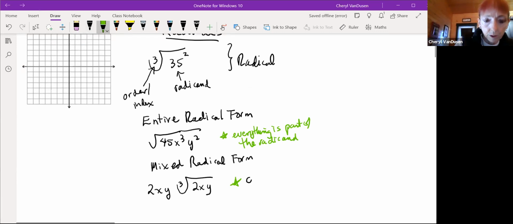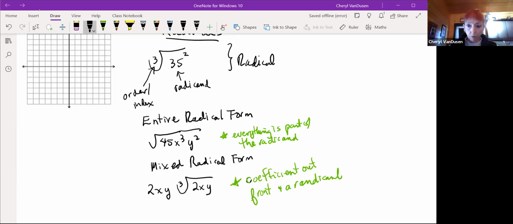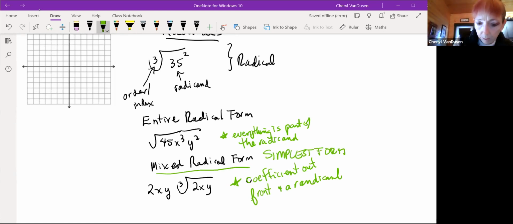We have a coefficient out front, and a radicand. Okay, and normally mixed radical form is considered simplest form. So when it says multiply and simplify, this is what we consider to be the simplest form: lowest radicand and in mixed radical form.